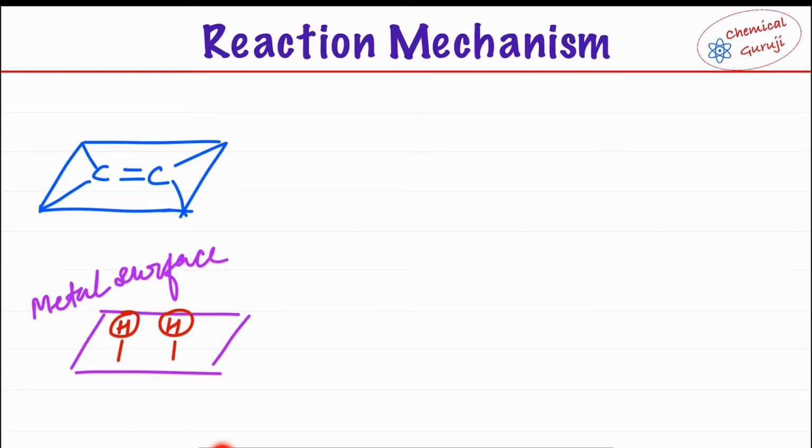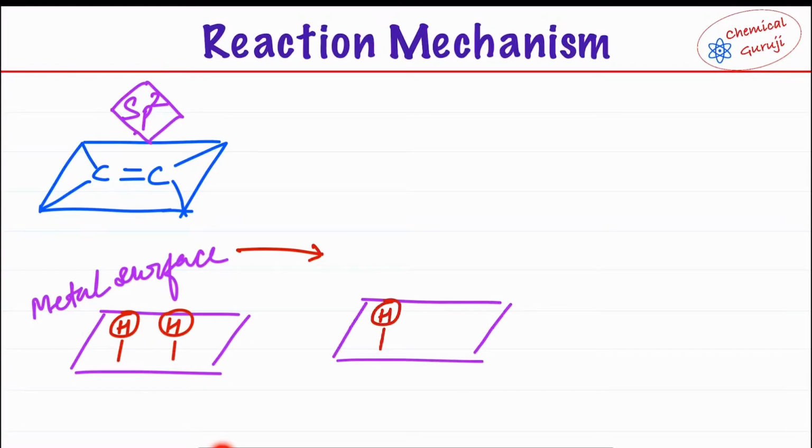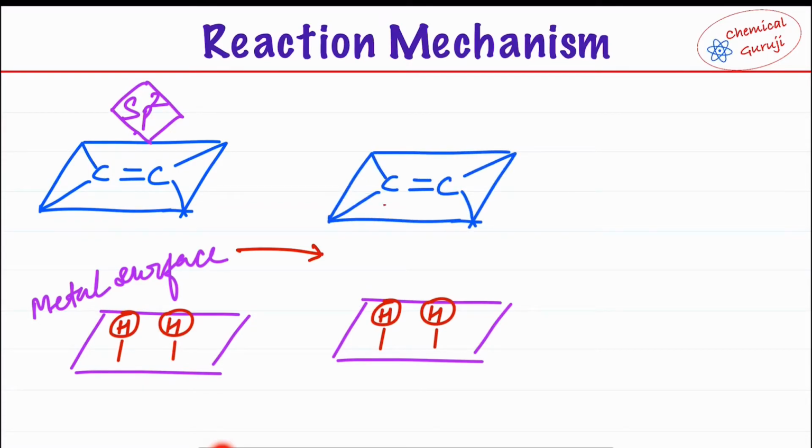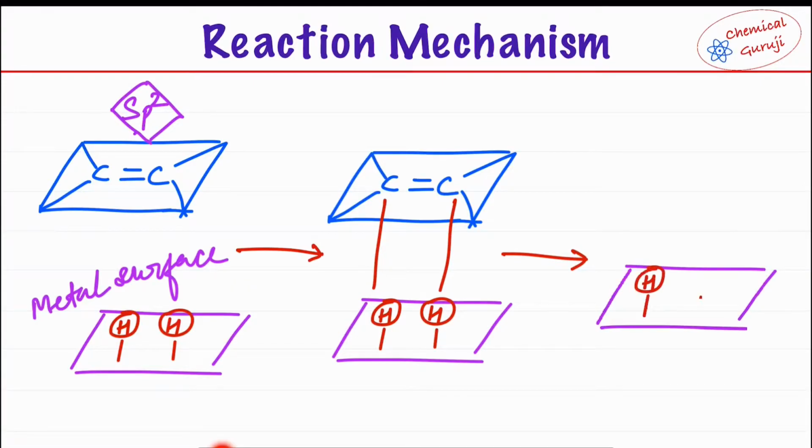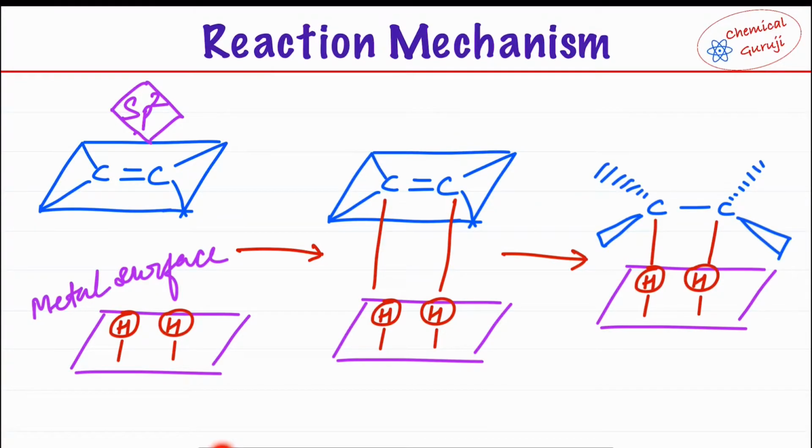Okay, so I can see this is sp2. Now this metal surface will be approached by the substrate from one side and it will give a product like this. So hydrogen is getting attached from the same side like this. Here it is sp2 hybridized.